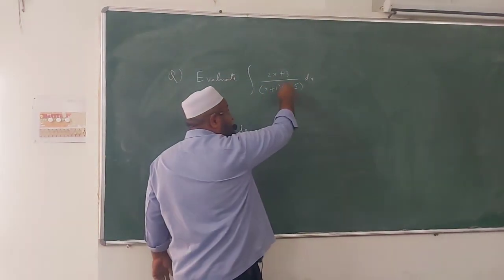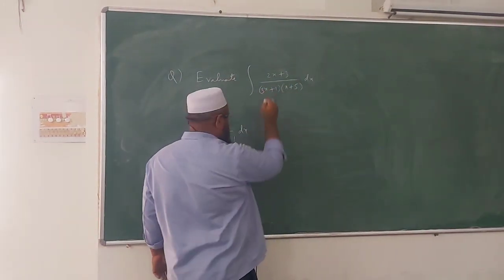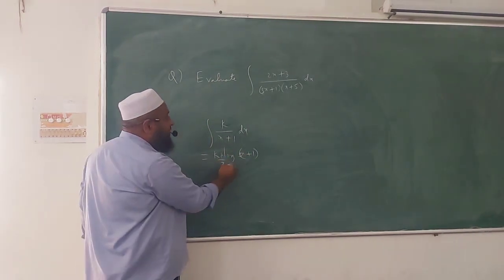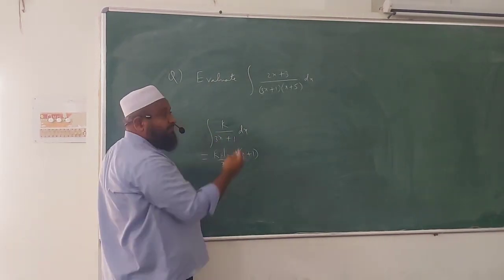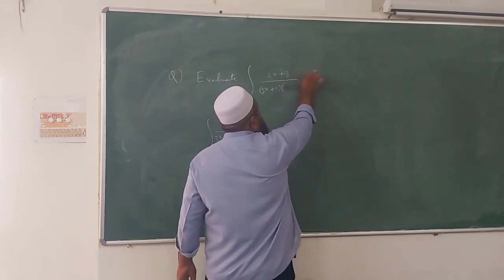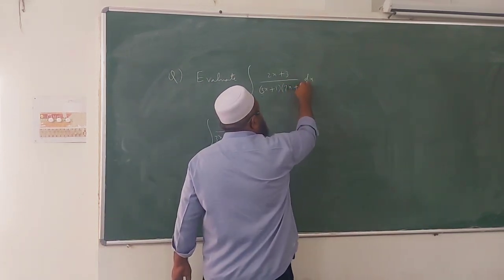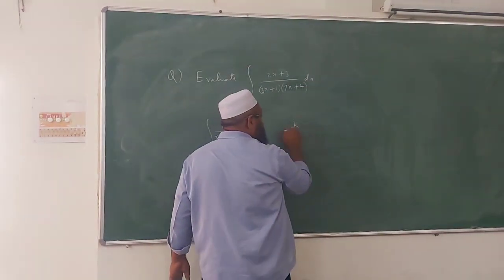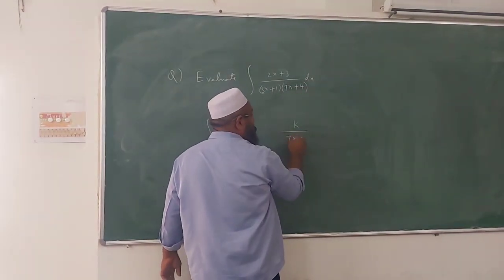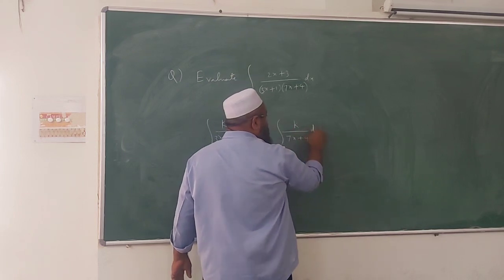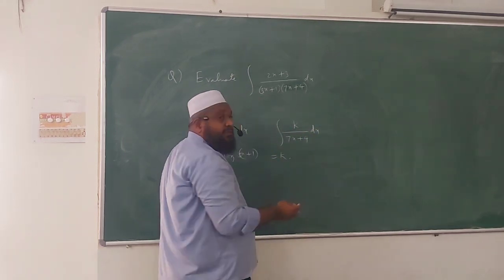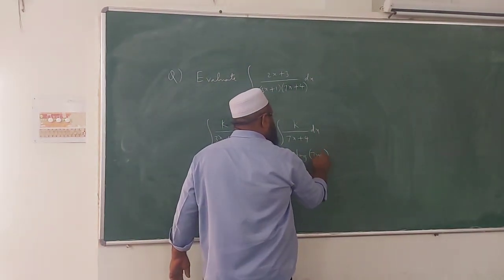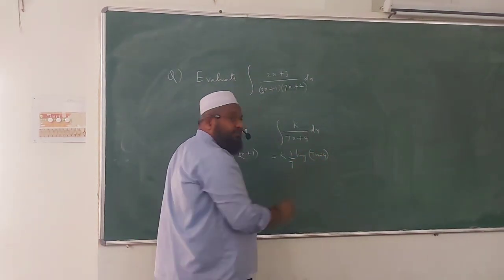And even if it is 3x plus 1, 3 will come in the denominator. If it is suppose 7x plus 4, some constant k divided by 7x plus 4, integral, then k comes out log of 7x plus 4 into 1 by 7.